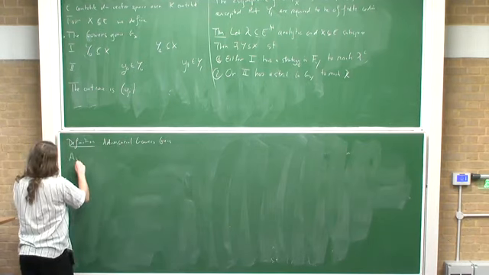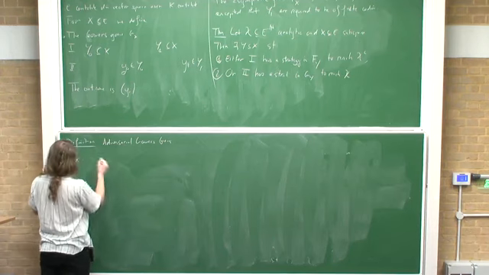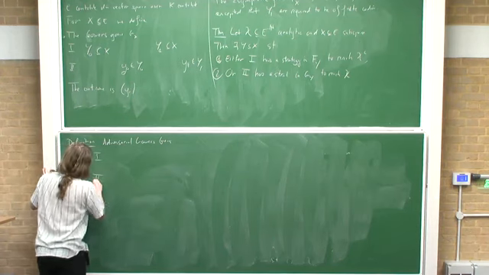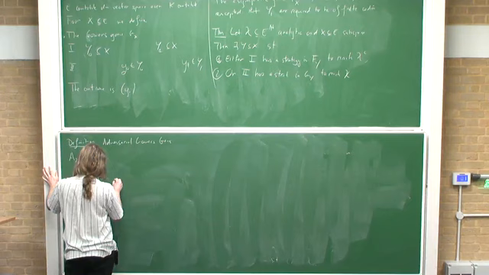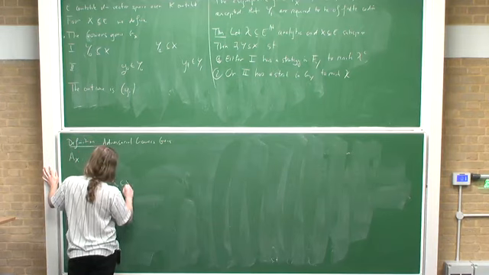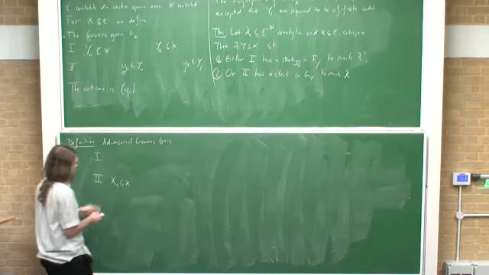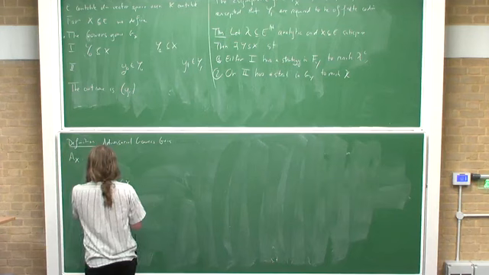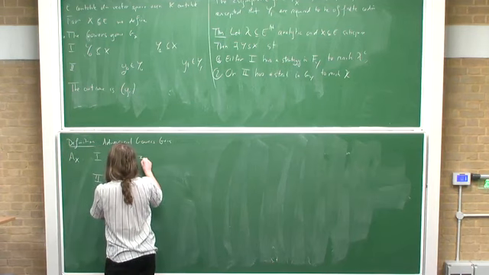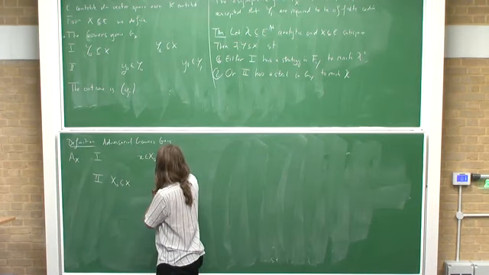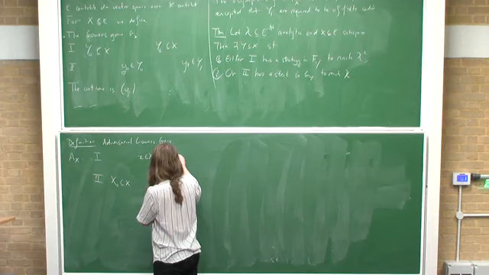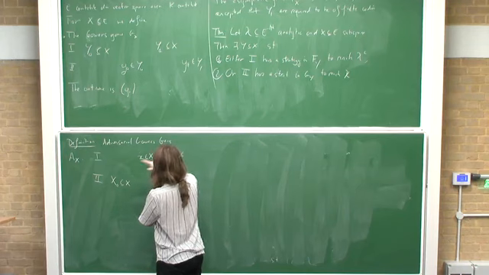The game A_X is the following. To begin, player 1 plays a subspace X_0 of X, so infinite dimensional, and chooses a vector x_0 in X_0, and then picks another subspace Y_0 for player 2.